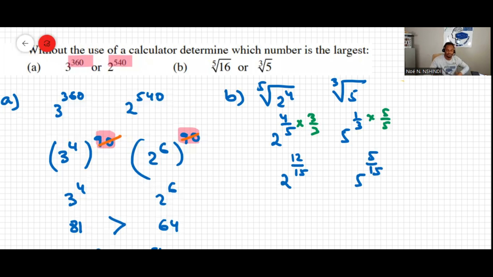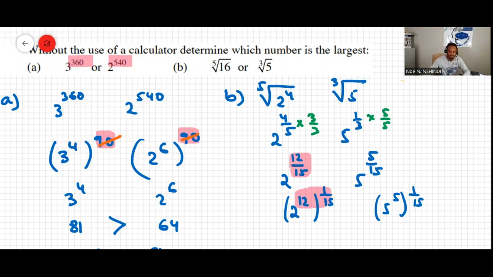Now that we have a common denominator, this can be written as 2 to the 12 to the power of 1 over 15, and there also it's going to be 5 to the 5 to the power of 1 over 15. Remember, this is the same as that.